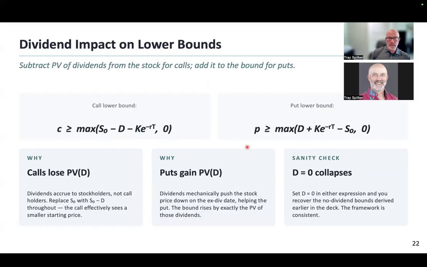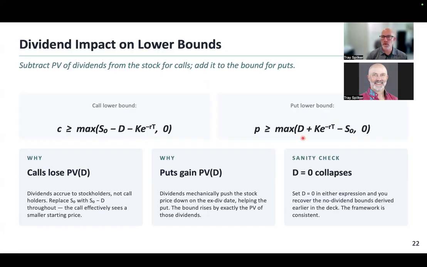The puts gain because a dividend is a drag on the share price. So it's actually a positive impact for the put option values.